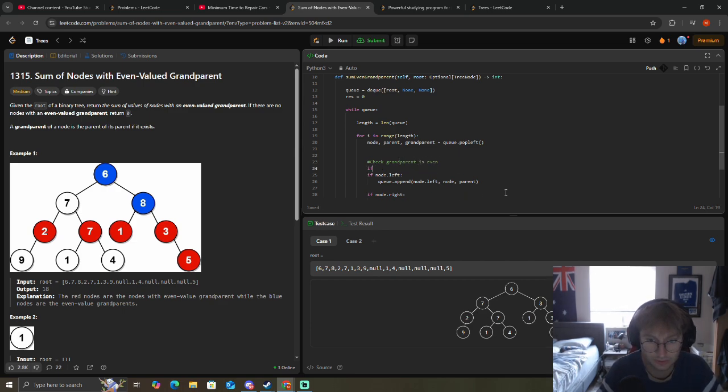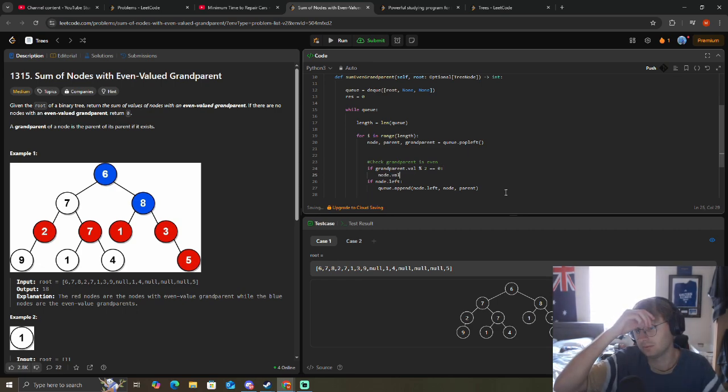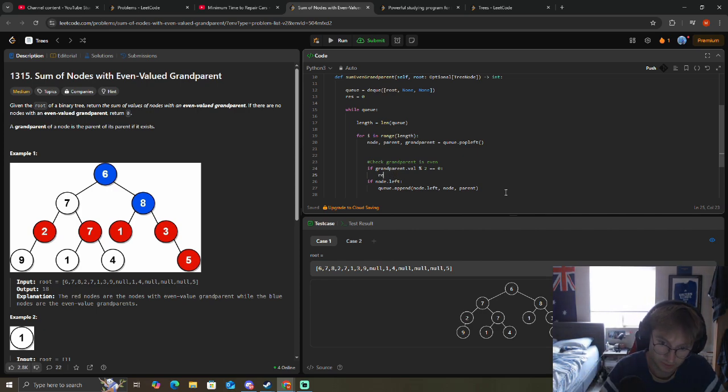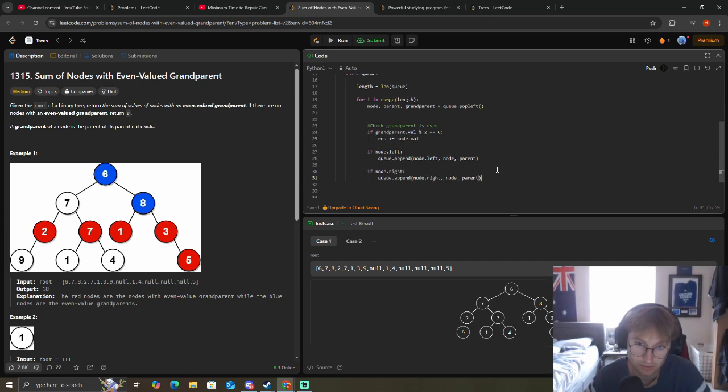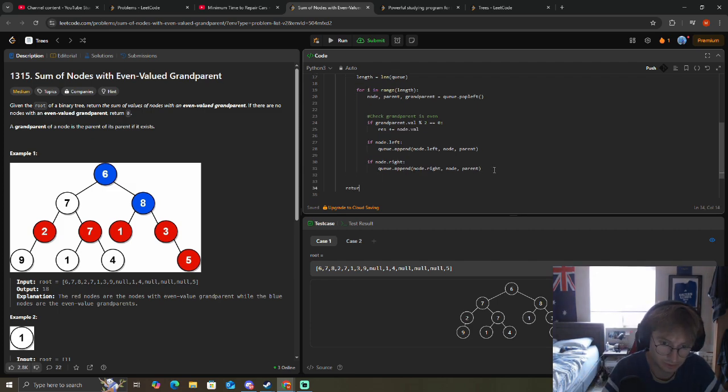So if grandparent dot val modulus 2 is equal to 0, then res plus equal to node dot val. We just want to return our res.